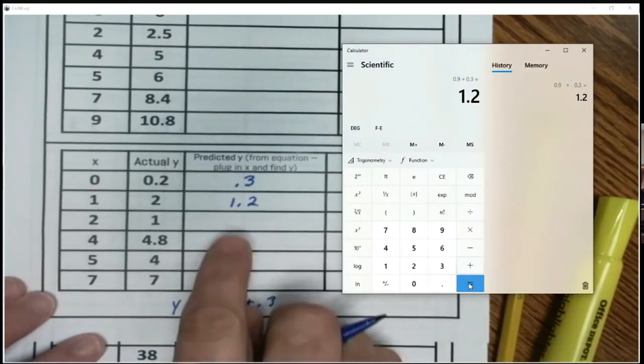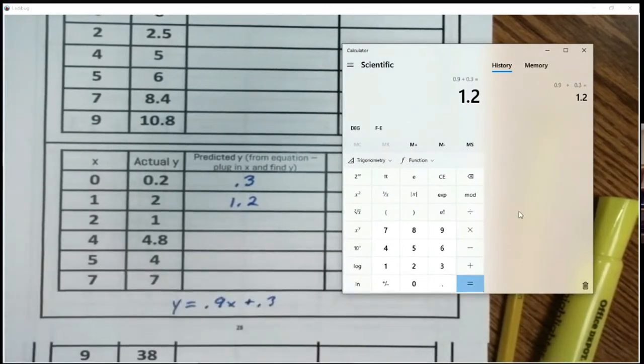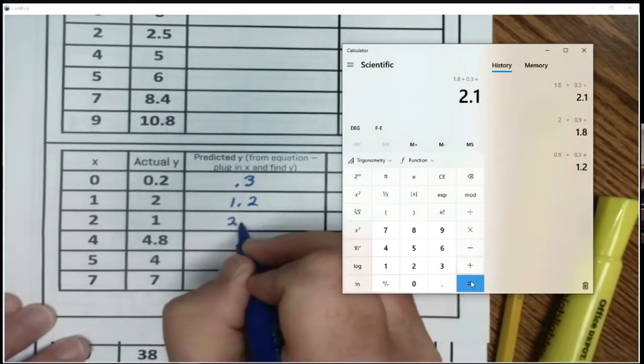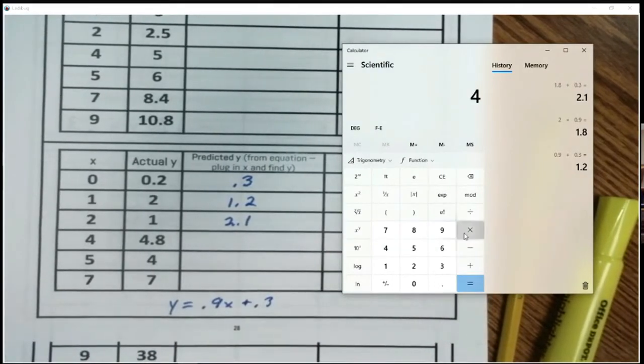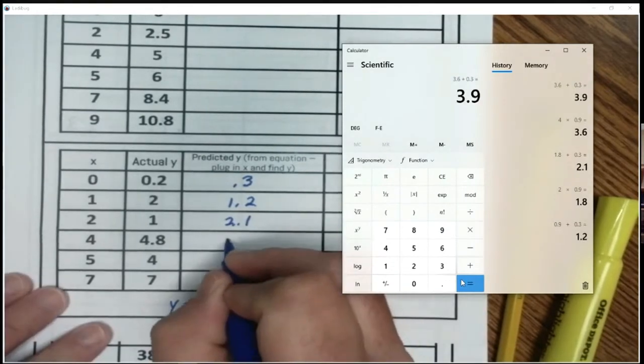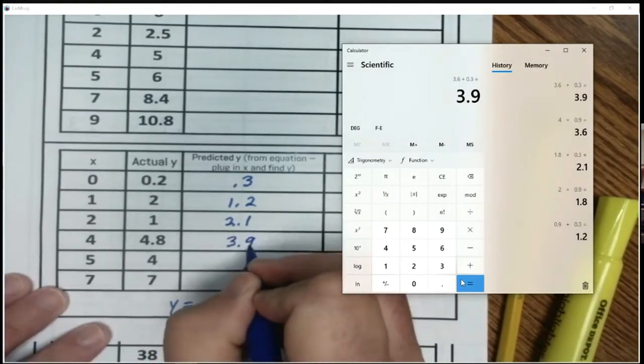We can continue to do that with each of these. 2 times 0.9 would be 1.8 plus 0.3, so it gives us 2.1. 4 times 0.9, because our next x is 4, equals 3.6 plus 0.3. So we expect this one to be 3.9.